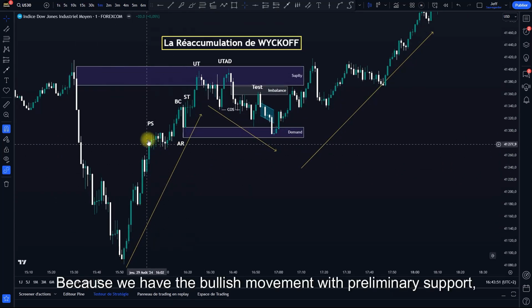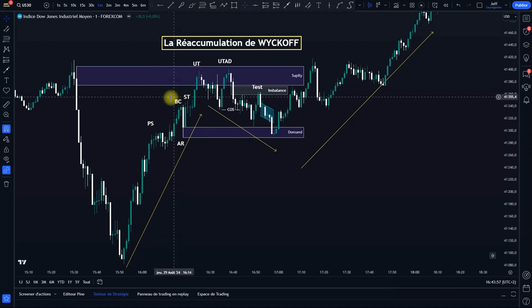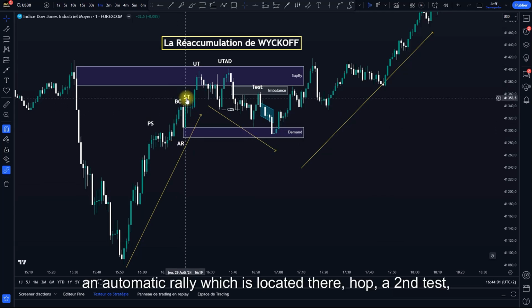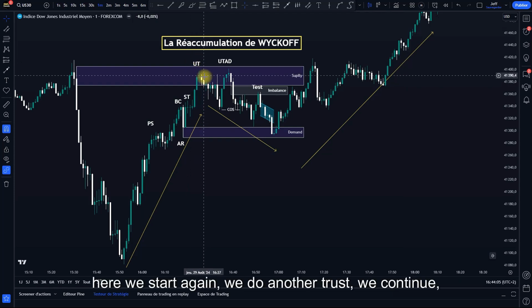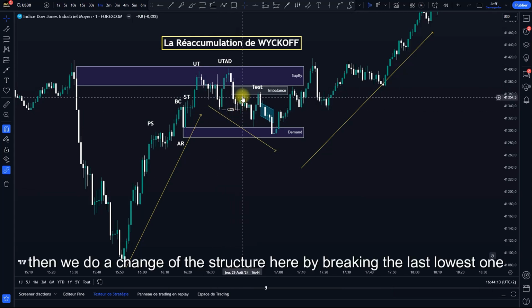Because we have the bullish movement with preliminary support. Here is a buying climax, an automatic rally, which is located there. Hop, a second test. Here we start again. We do another upthrust. We continue. We do a UTAD, the highest one here. Then we do a change of the structure here by breaking the last low.